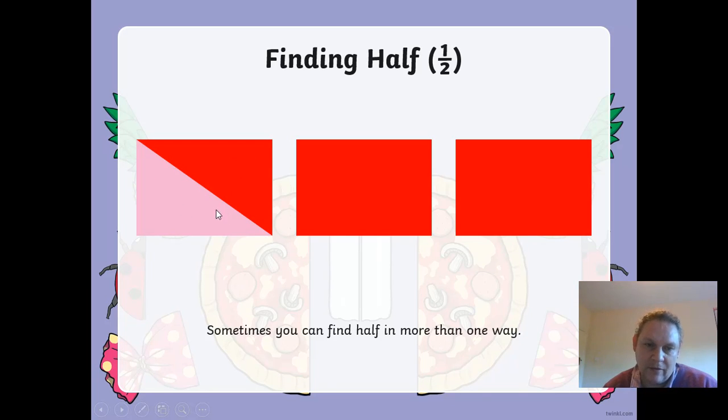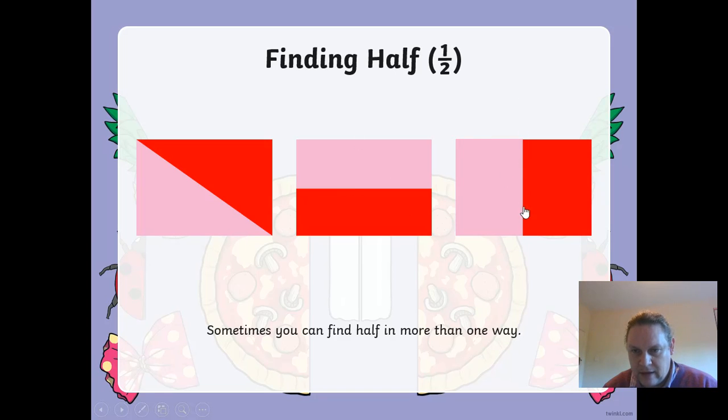We've still got half. It's divided into two equal pieces, so we can divide it diagonally like that. What about this one? Okay, straight across the middle, two even pieces, that's fine. We can do that. And then down the center, two even pieces, that's fine. We've got half and half, two equal pieces.